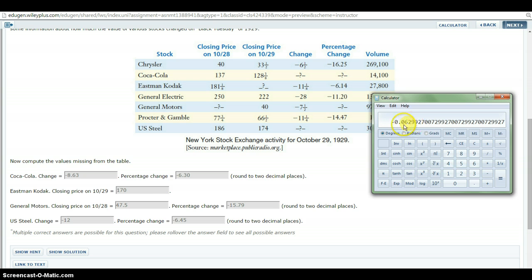When we convert that to a percentage, in other words, we move the decimal over 2 positions, to get a negative 6% drop.